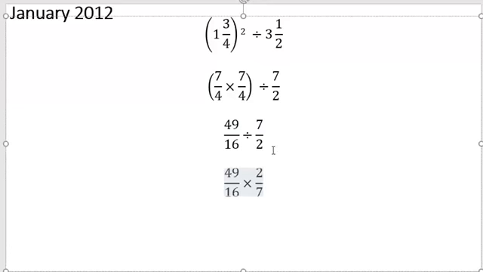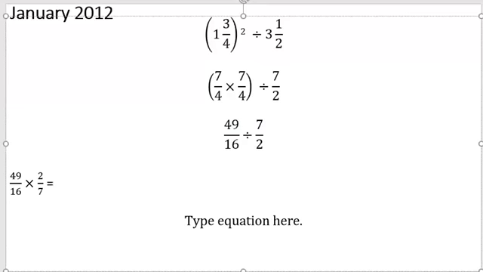We can simplify by saying 7 into itself goes 1 time, 7 into 49 goes 7 times, 2 into itself goes 1 time, 2 into 16 goes 8 times. So when you simplify, this is what you will get.